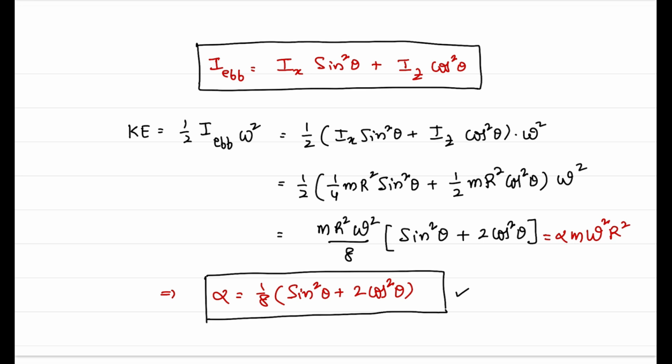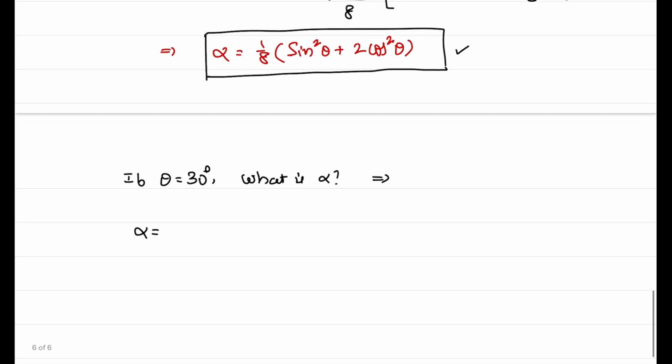And the question directly asked is, if theta is equal to 30 degrees, what is alpha? Alpha is equal to 1 by 8 into (sin square 30 plus 2 into cos square 30).